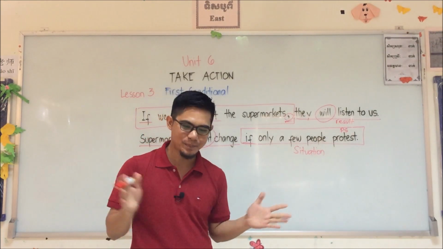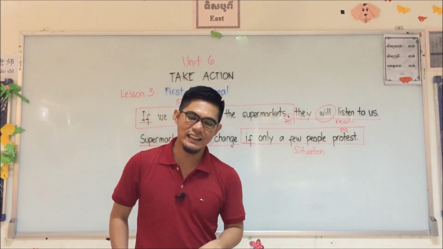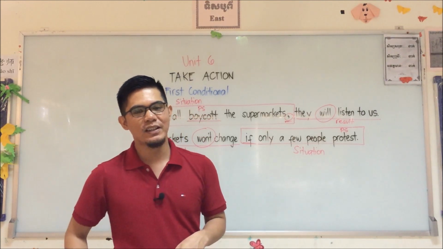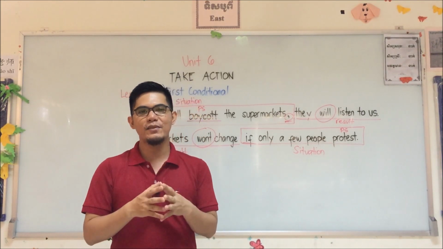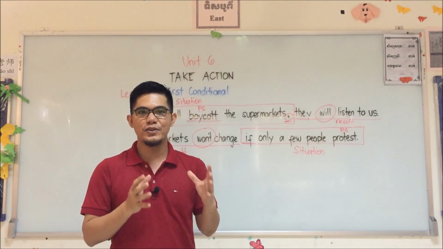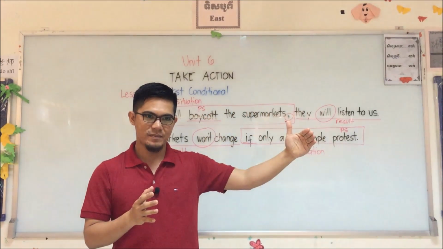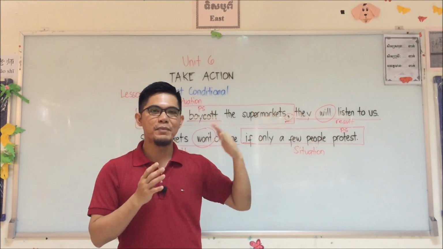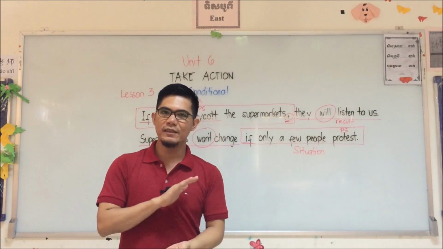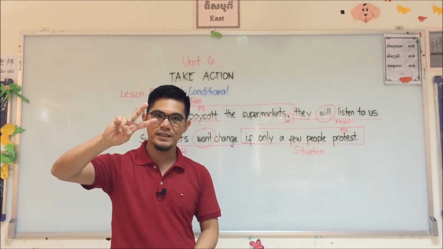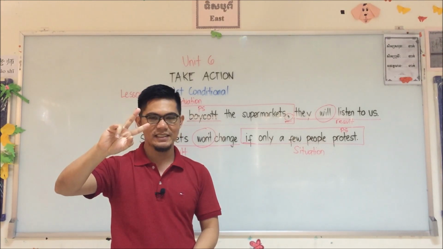Okay, let's recap. First conditional, we use to describe a future possible situation and to describe its result. And in using first conditional, we got two types, two kinds.